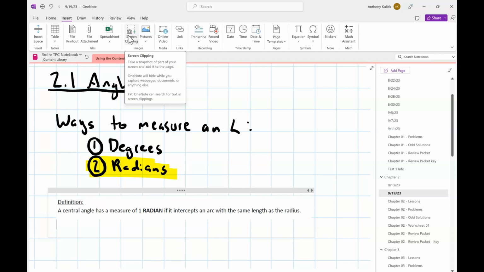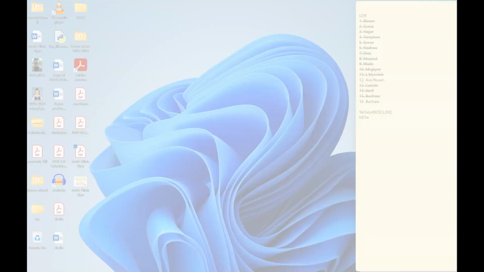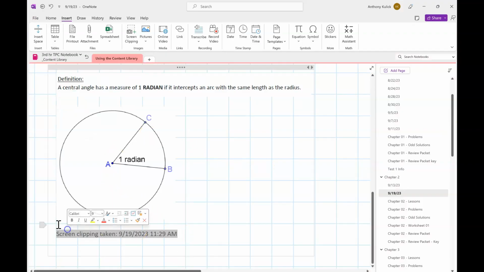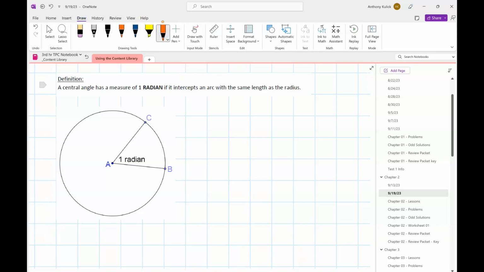Okay. I'm going to do this with a picture. So let's say that we have a circle. When we say a central angle, we're talking about an angle whose vertex is at the center of a circle. So this guy, CAB, is a central angle.